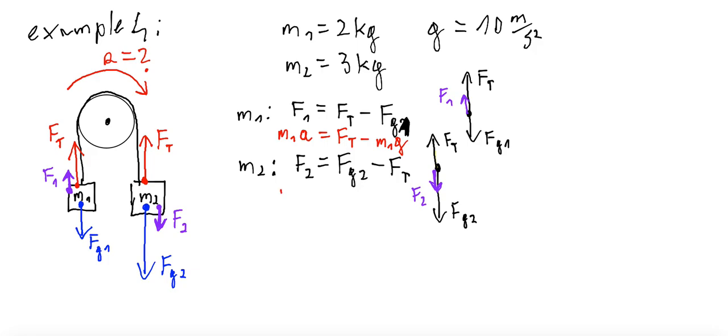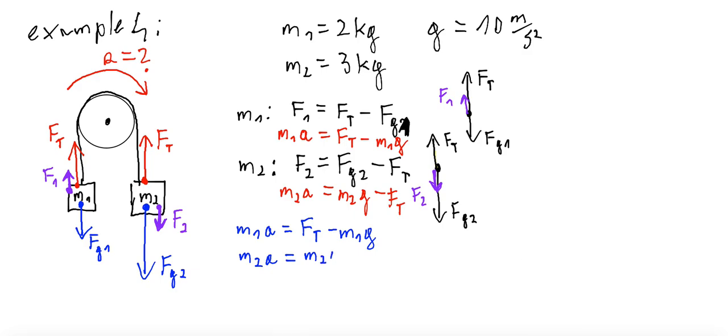F2 is given as M2 times acceleration, is equal to M2G, because this is Fg2, minus tension. So finally, we have two equations. First, M1A is equal to Ft minus M1G, and second, M2A, which is equal to M2G minus Ft.